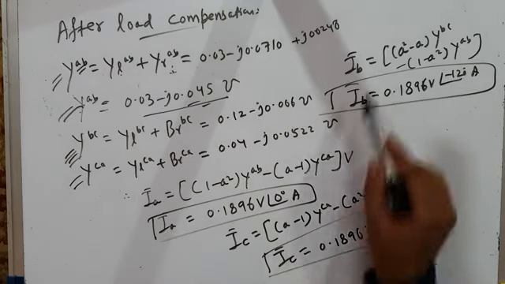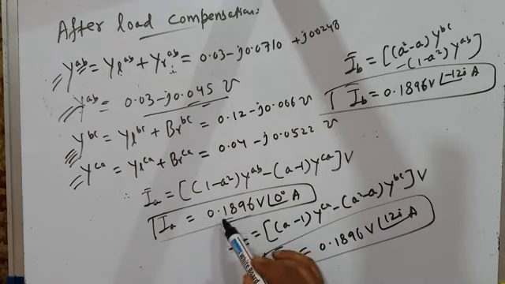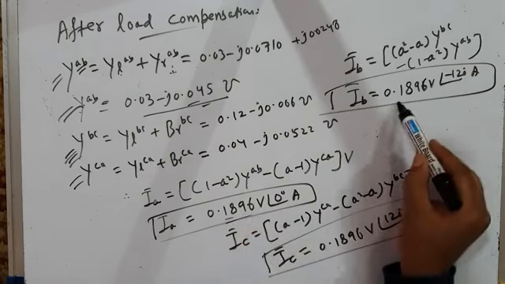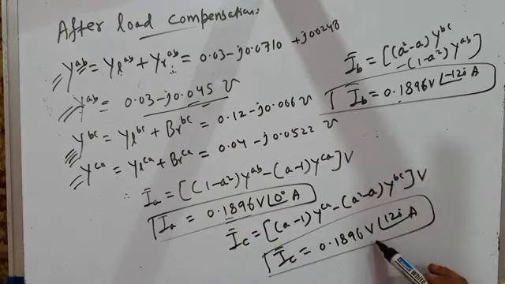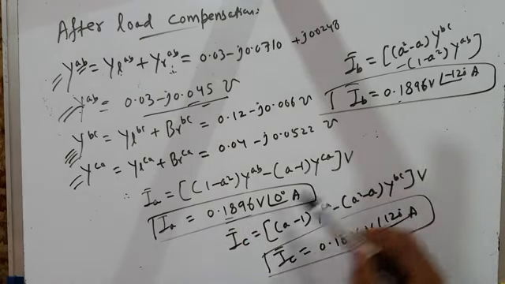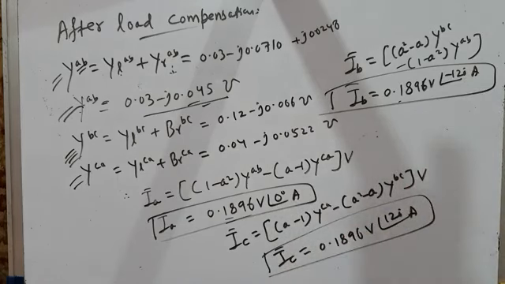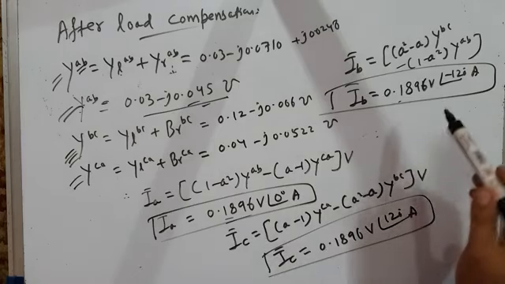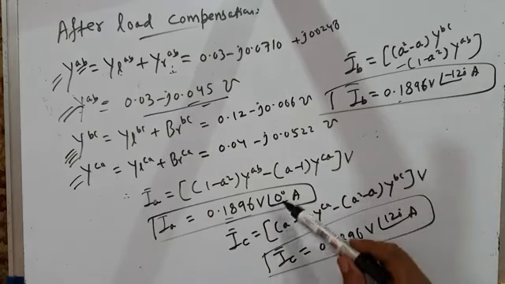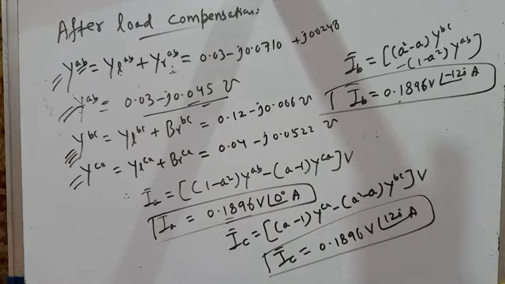IA, IB, IC have the same amplitude, 0.1896 V each, and phase differences of 0 degrees, minus 120 degrees, plus 120 degrees. So although your load is unbalanced, the passive shunt compensator has made the line currents perfectly balanced, of equal value and with a phase difference of plus minus 120 degrees. This proves that your line currents have got balanced.